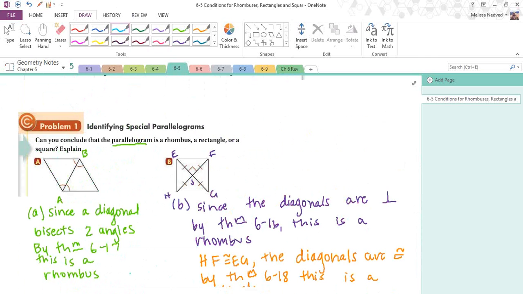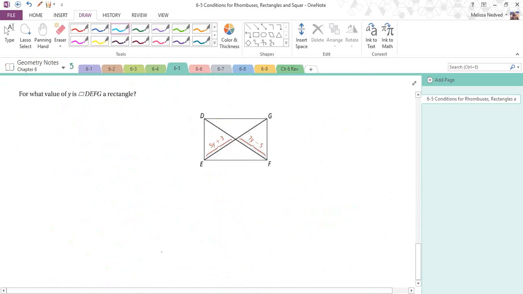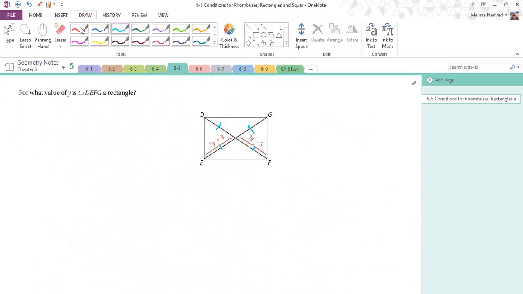And we said, since each of those diagonals have 2 tick marks, they're congruent. The same thing is true here: E to this point of intersection is going to be the same as this 5y plus 3, and D to the point of intersection is going to be the same as 7y minus 5. If those diagonals are congruent, then we have a rectangle. So we want 5y plus 3 to be the same length as 7y minus 5.